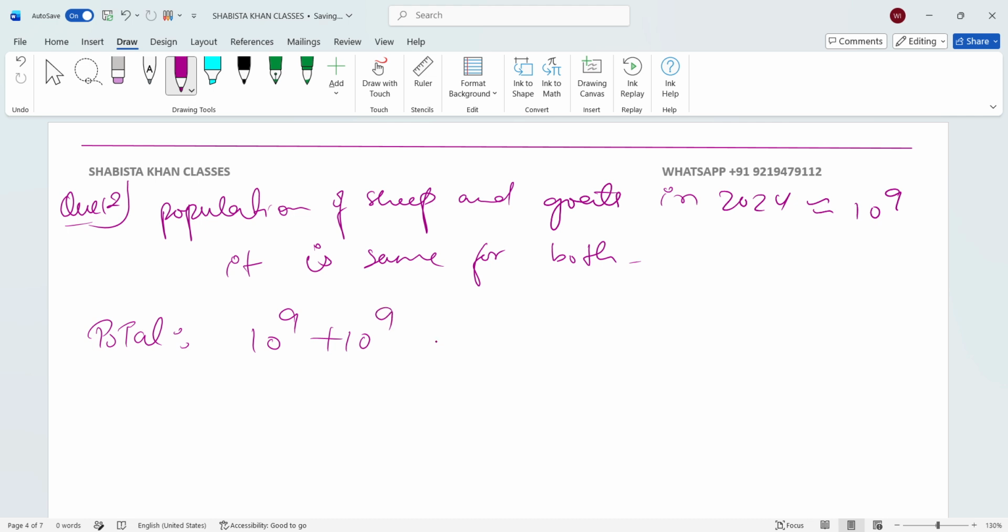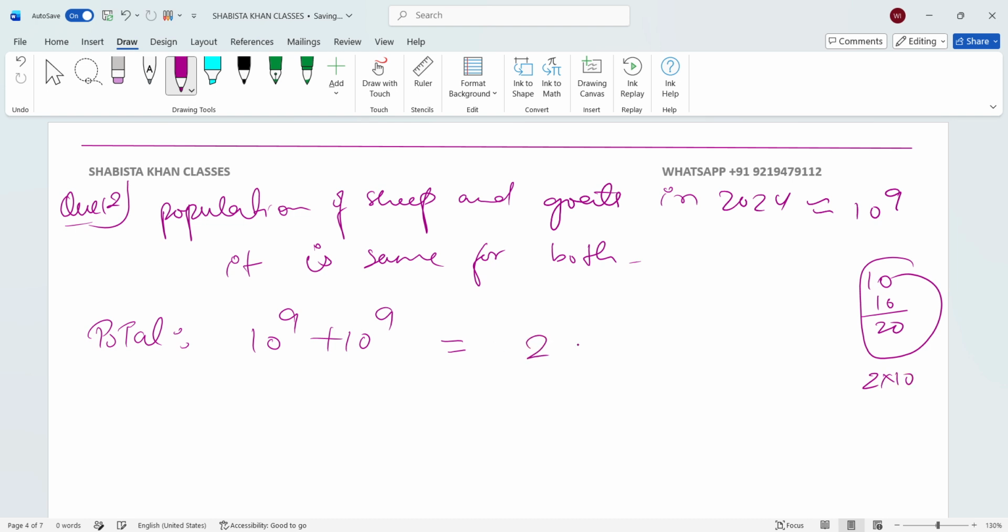So 10 to the power 9 and 10 to the power 9, इसको इस तरह से लिख सकते हैं, और ये प्लस करके लिखा है, इसको इस तरह से भी कर सकते हैं कि 10 प्लस 10 कितना होता है? 20 होता है, तो 20 को और कैसे लिख सकते हैं? 2 multiply 10.